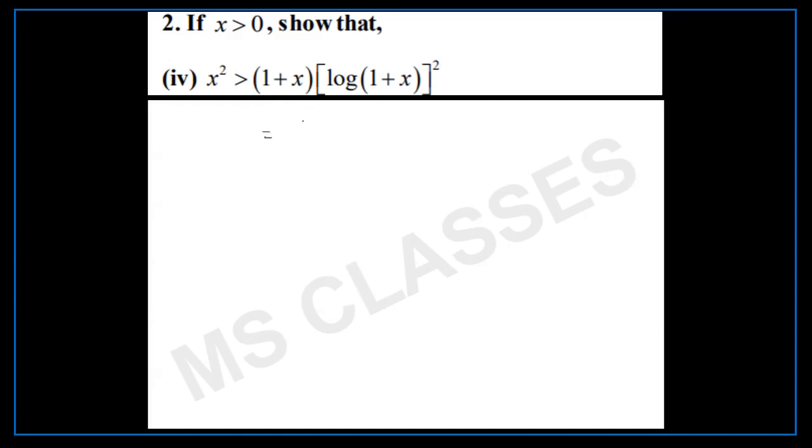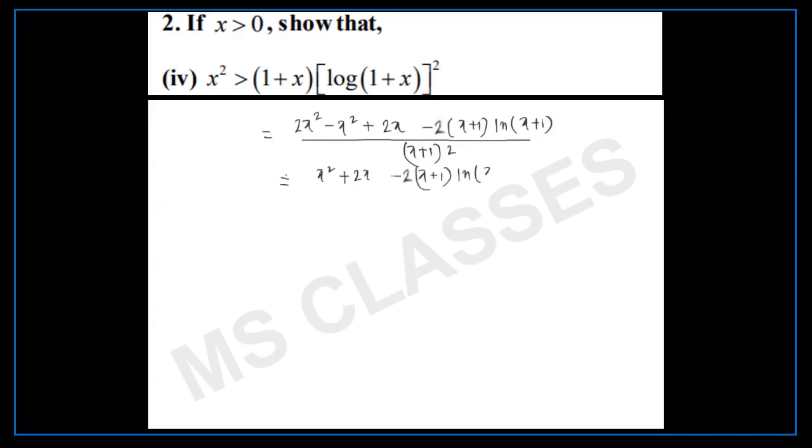We get here 2x square plus 2x by x plus 1 whole square minus x plus 1 into ln x plus 1. This gives us x square plus 2x whole divided by x plus 1 whole square, x greater than 0.